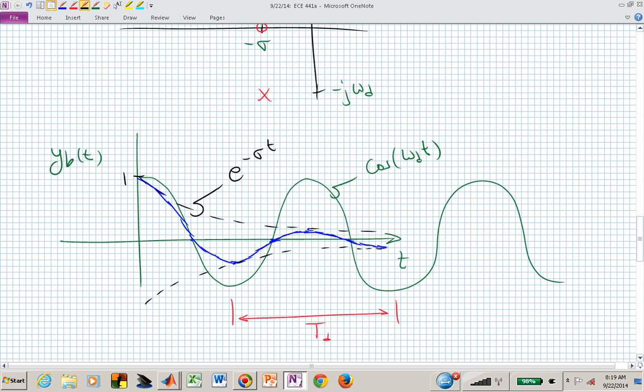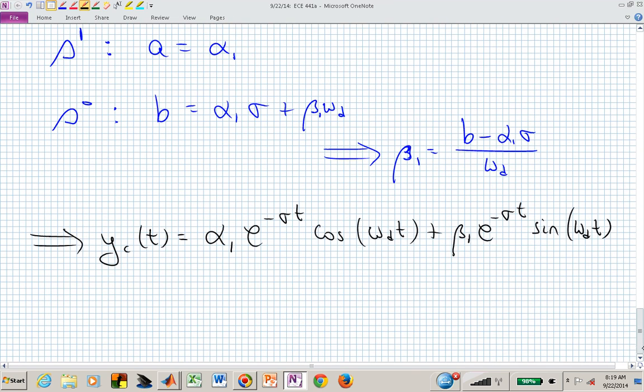But you could also write this, since the sine and the cosine are both oscillating at the same frequency, you can combine those into either a cosine that's shifted or a sine that's shifted. And they're both exponentially damped at the same amount.